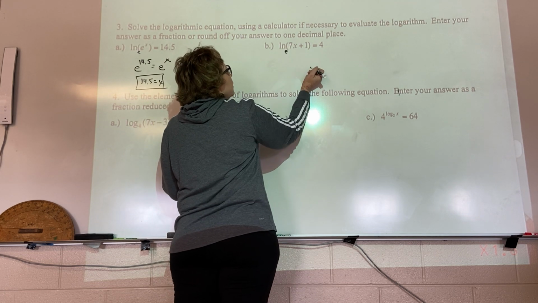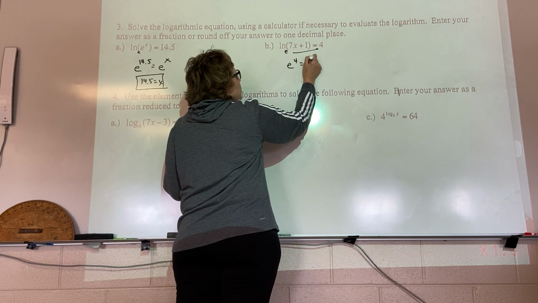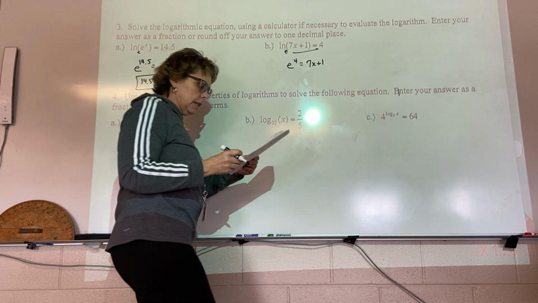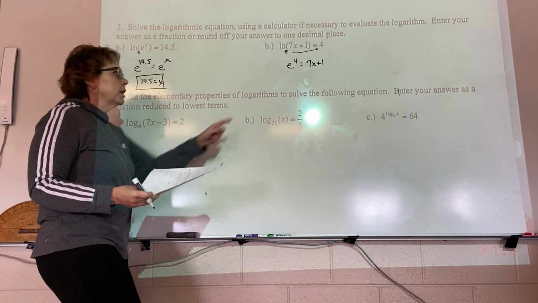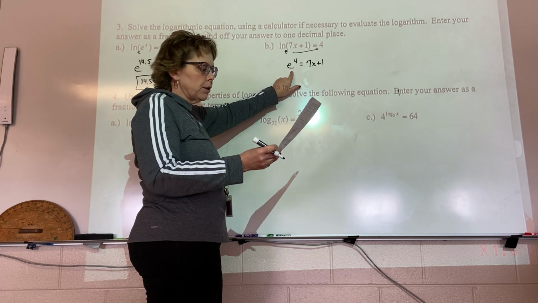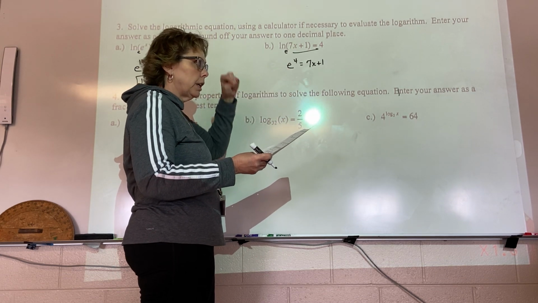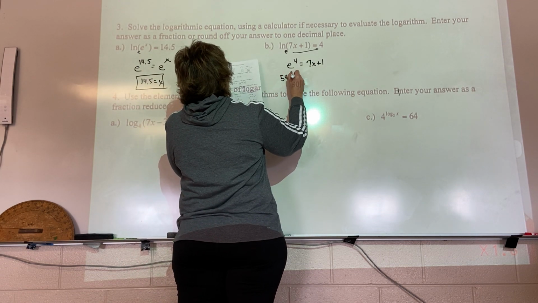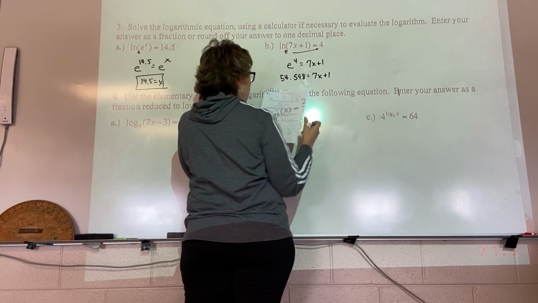And this guy here, e to the 4th equals 7x plus 1. Now, this is where you can use your calculator, e to the 4th. This is a number. Nothing can cancel here. So e to the 4th, if I type it into my calculator, find your e, caret 4, you get something like this, 54.598 equals 7x plus 1.